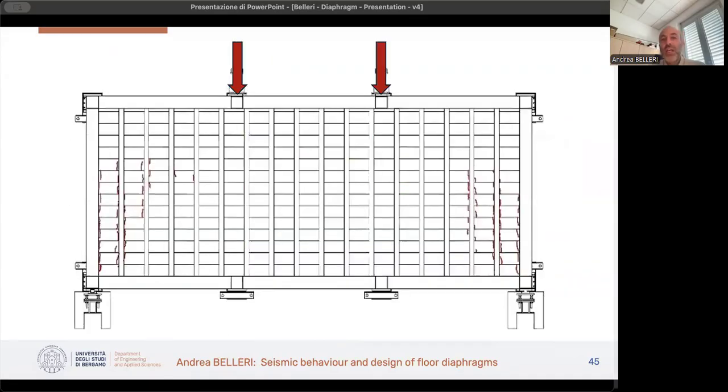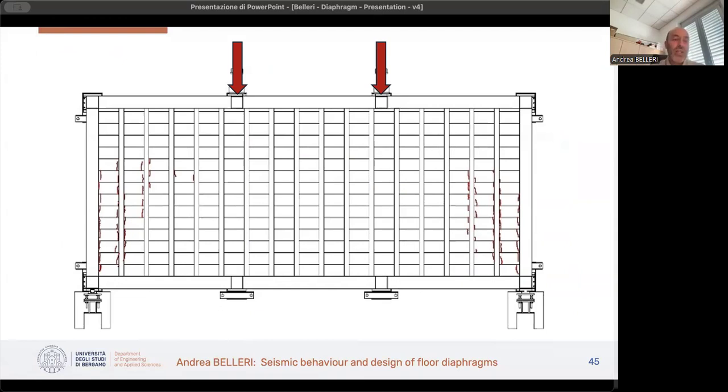Here you can see the damage pattern at the capacity. So you see that all the damage is lumped across this close position of the supports, on both the left and right hand side.